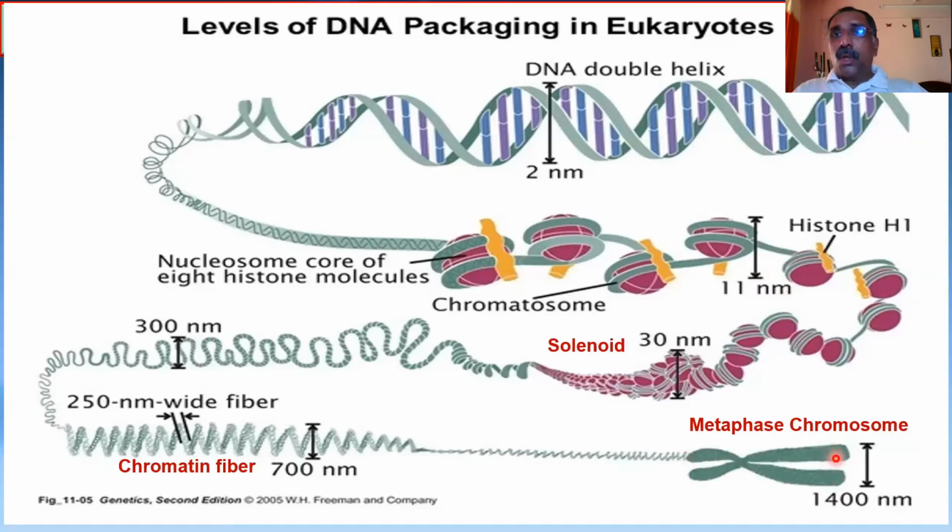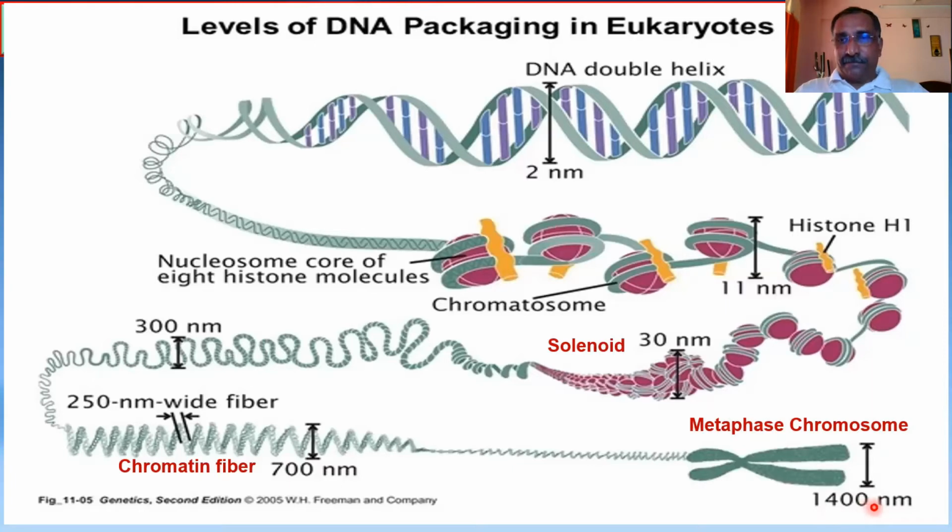This is the only stage where you can see a chromosome under a normal microscope. In a lab, when you do mitosis and meiosis, you see the chromosome at this large size only during metaphase, because the metaphase chromosome is the thickest chromosome.